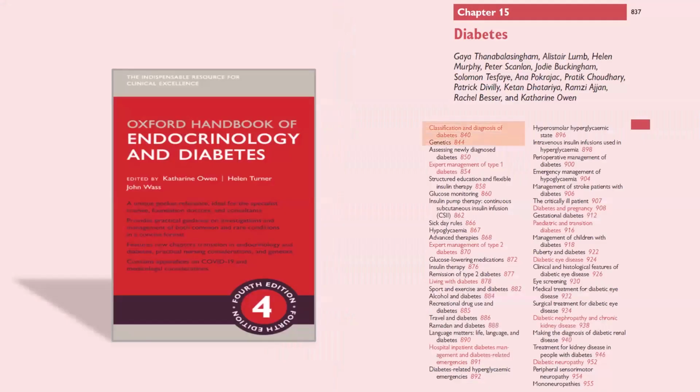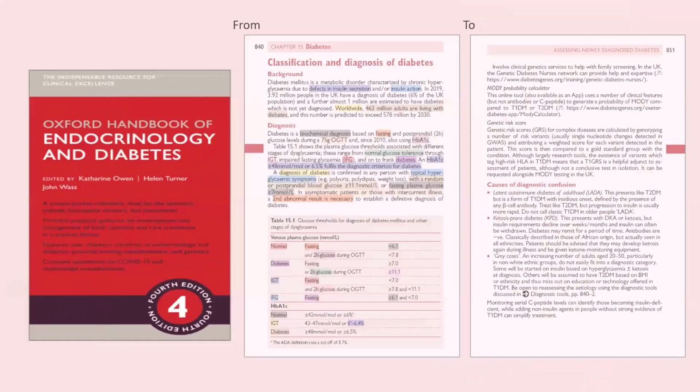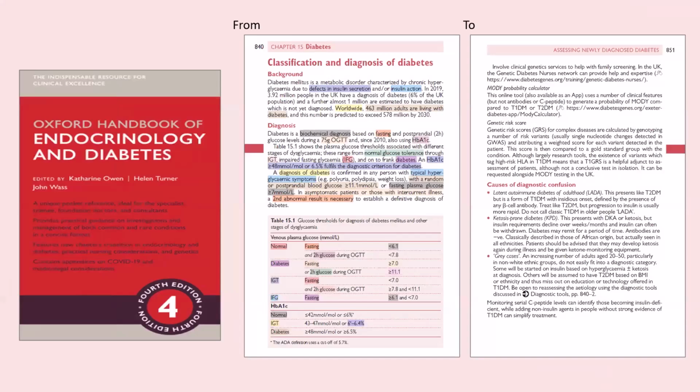I will cover this from the Oxford Handbook, from this page to this page, and at the end of each discussion, I will announce what I will cover next week. So try to prepare yourself.